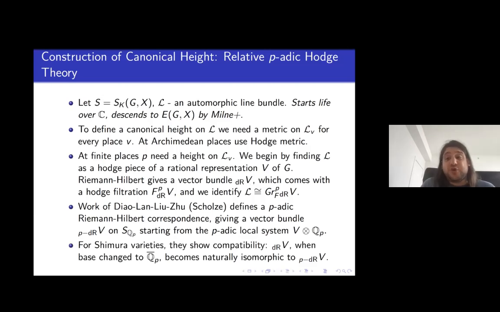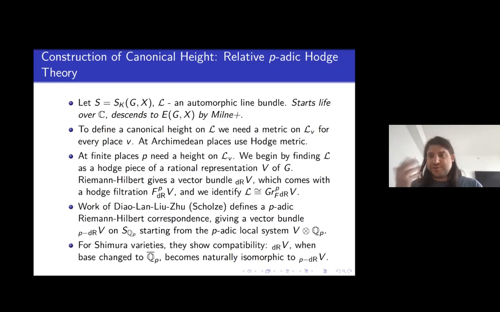And moreover, for Shimura varieties, using this rigidity, once again very crucially, they essentially follow the proof of Milne through again. They show that this p-adic Riemann-Hilbert correspondence is compatible with the usual Riemann-Hilbert correspondence. So basically, you can start with a local system over Z, just given by a rational representation of your group. Then you can do two things. On the one hand, you can immediately analytify with classical Riemann-Hilbert. That gives you some vector bundle.